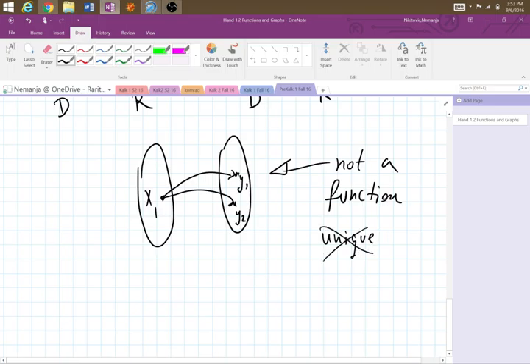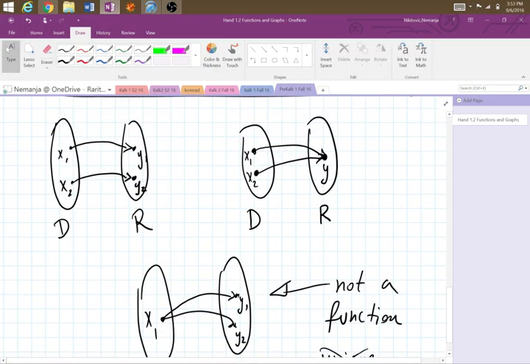Right? Uniqueness is not observed. You still have domain and range, obviously. Both of these are functions. They're both okay, and each one of those has a single output. So you have to be a little bit careful about those.